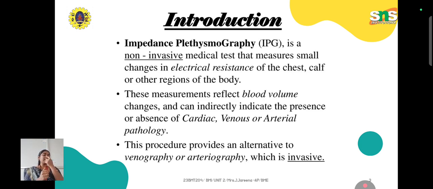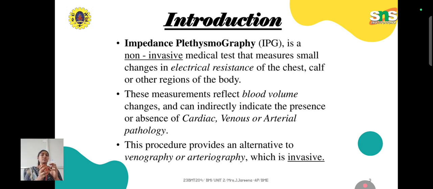This technique measures the changes in electrical resistance where you place the electrodes. By means of that, you measure the blood volume changes, which directly or indirectly indicate the presence or absence of critical conditions like cardiac obstruction or venous or arterial pathology and so on.